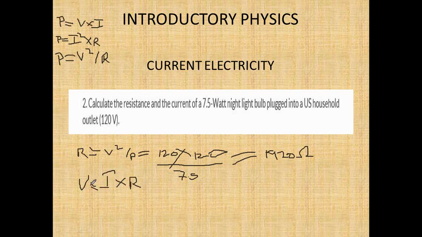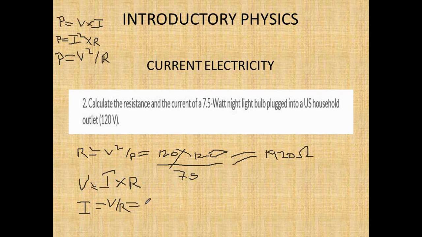So you know the voltage, you know the resistance. So your 120 divided by 1920 will give you the current, which is equal to volts divided by resistance.